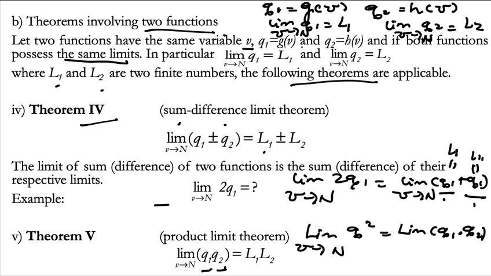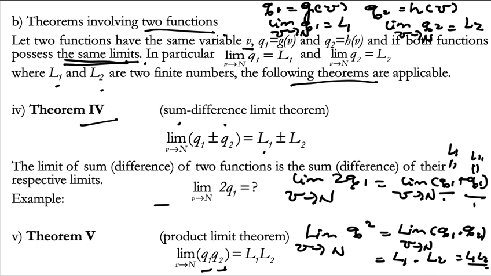And we know that these two limits possess the same answer as v approaches n. L1 is the answer for the limit of q1, times L2, the answer for the limit of q2. Then you have L1 L2.